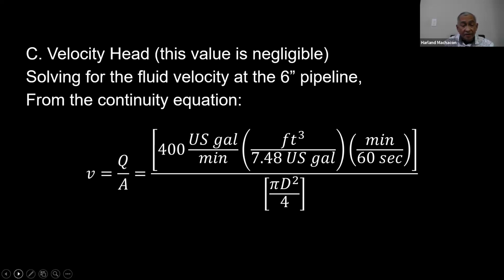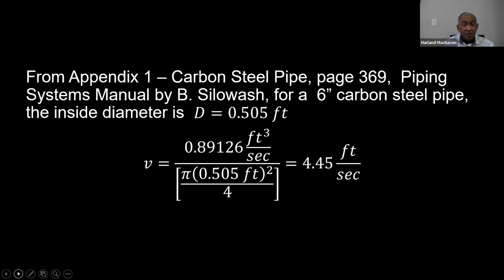From the piping systems manual, for a 6-inch carbon steel pipe, the inside diameter is 0.505 feet. So plugging in all the constants, we have a velocity of 4.45 feet per second.